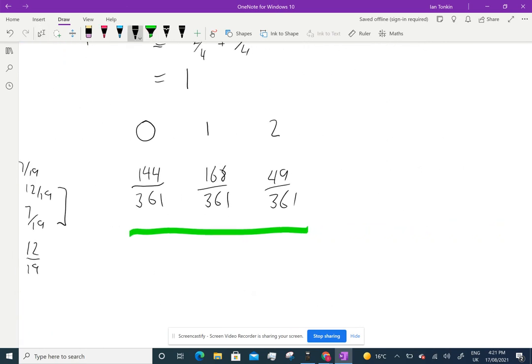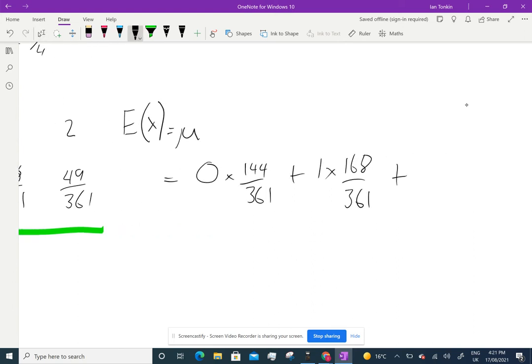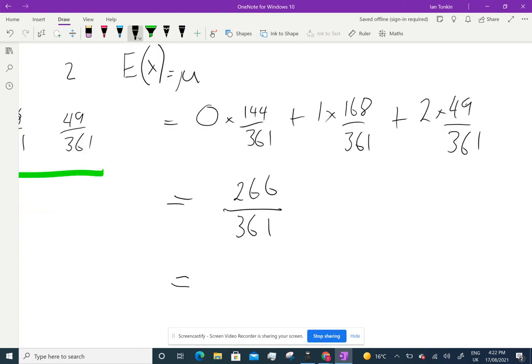Now to calculate the expected value, or the mean, zero times 144 on 361 plus 1 times 168 on 361 plus 2 times 49 on 361, which gives me 266 on 361, which is 14 on 19.